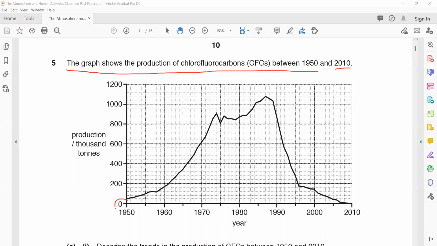You can see it is starting at 1950, and then every 10 years difference they have given here, and the last one is 2010.